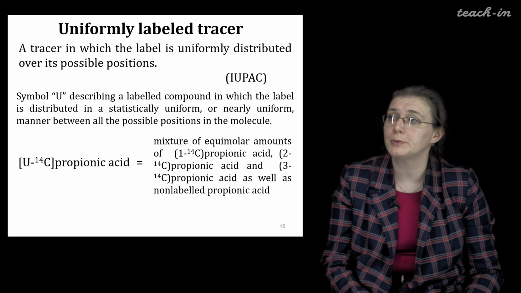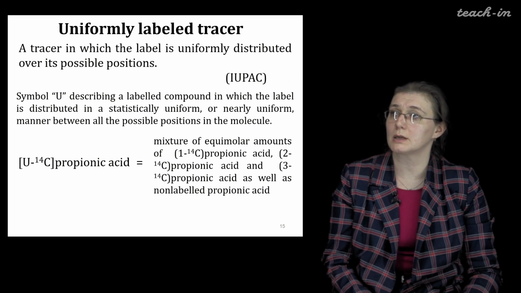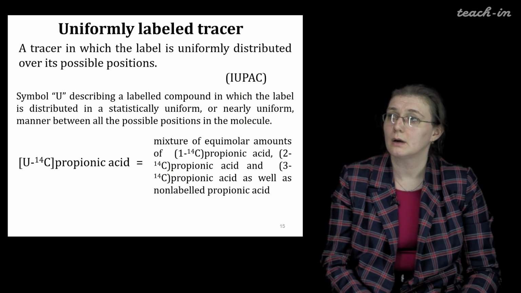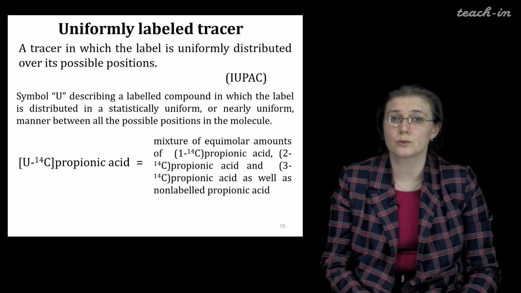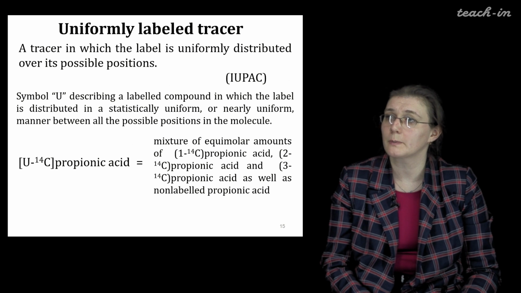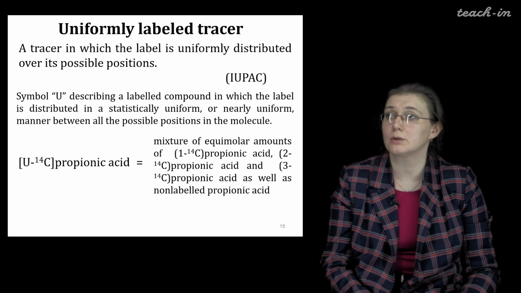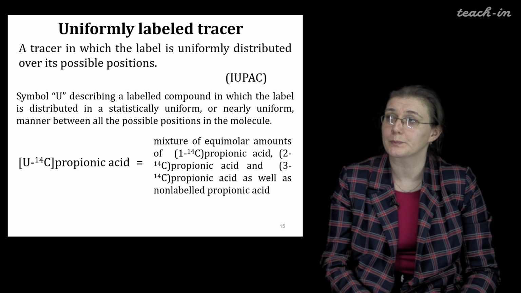The next group is uniformly labeled tracer, and according to the IUPAC definition, the tracer in which the label is uniformly distributed over its possible positions is called a uniformly labeled tracer.